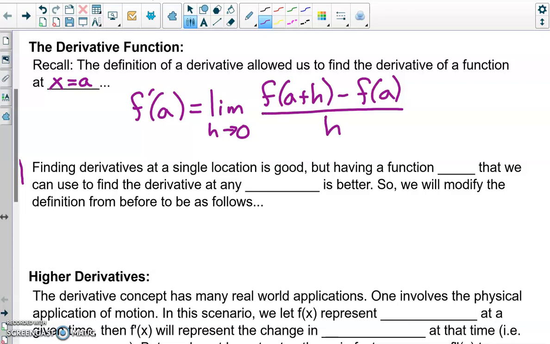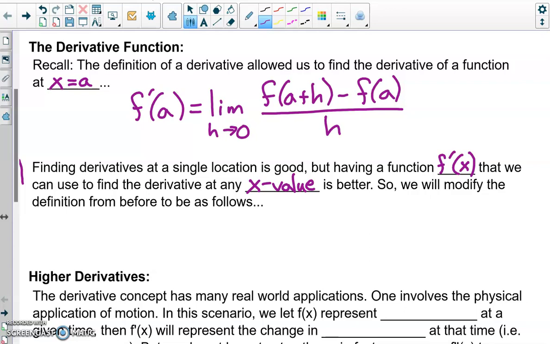That's what you worked with before, and finding derivatives at a single location is good. There's nothing wrong with that. But having a function, f prime of x, that we can use to find the derivative at any x value is better. If you have some generic f prime of x result, and you can just plug an x in and get the slope of the tangent line at that point, that's better.